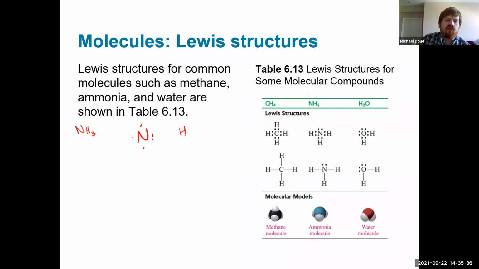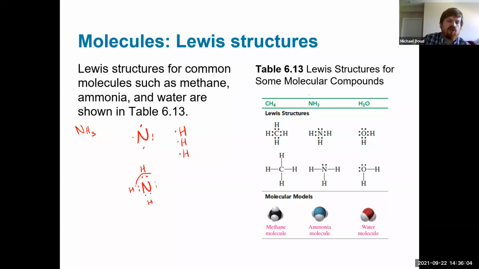So that means then that we have 3 hydrogens. 1, 2, 3. Well, how can we complete a filled octet for nitrogen and filled duets for each of these hydrogens? The only way we can do it is by putting these 3 hydrogens on the three open faces here of the nitrogen and bringing along their unpaired electrons. So we've got that one, we've got that one, we've got that one.